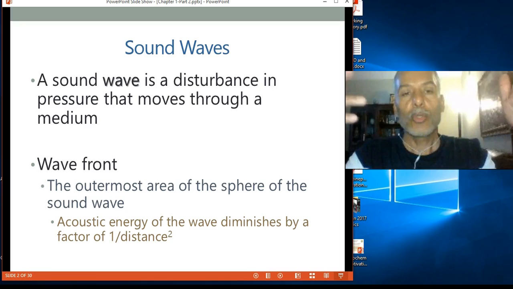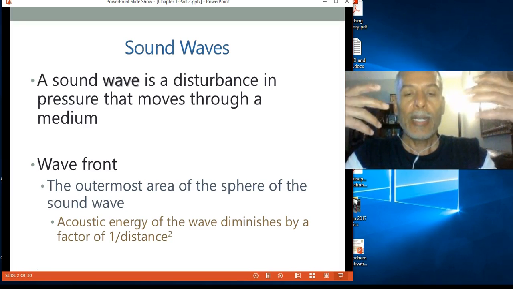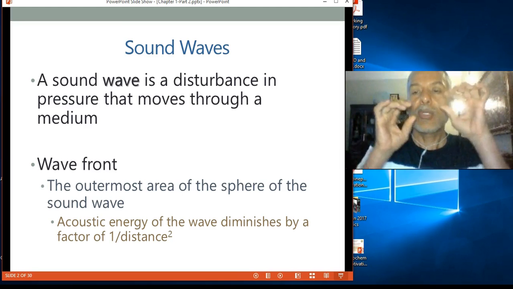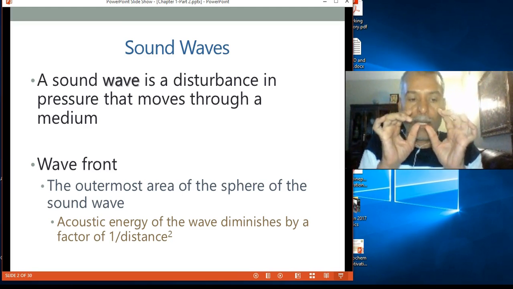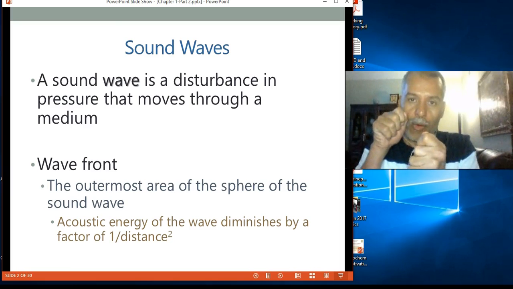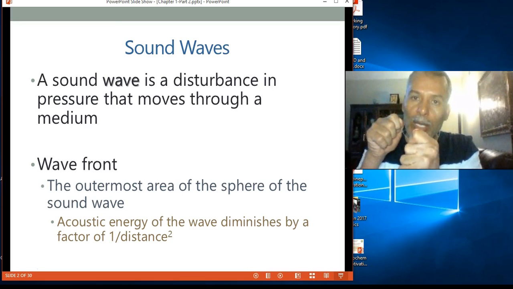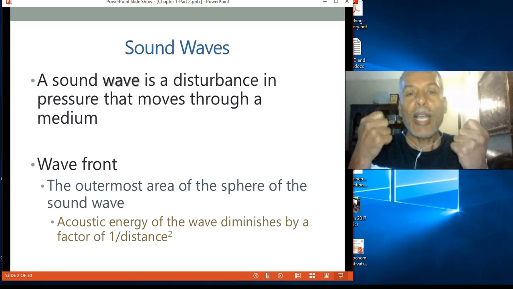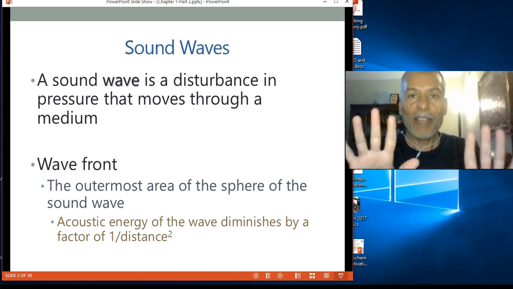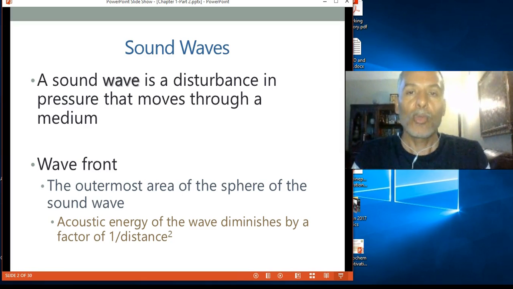So again, we do not need to calculate in this area, but the idea is, as I make a sound, it is like I am shooting an arrow. Once I let go, all the energy I gave to the arrow is already given. I will not add any more to that energy.